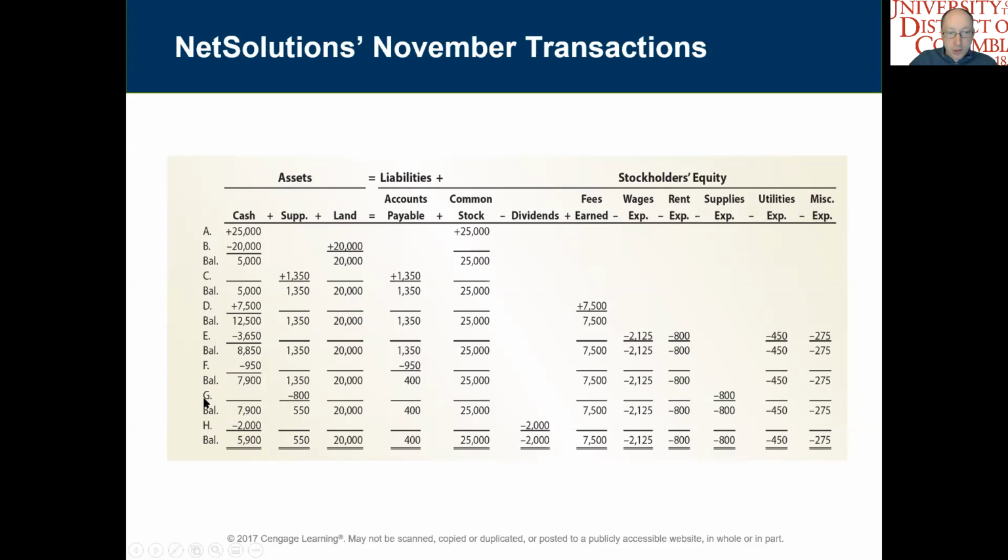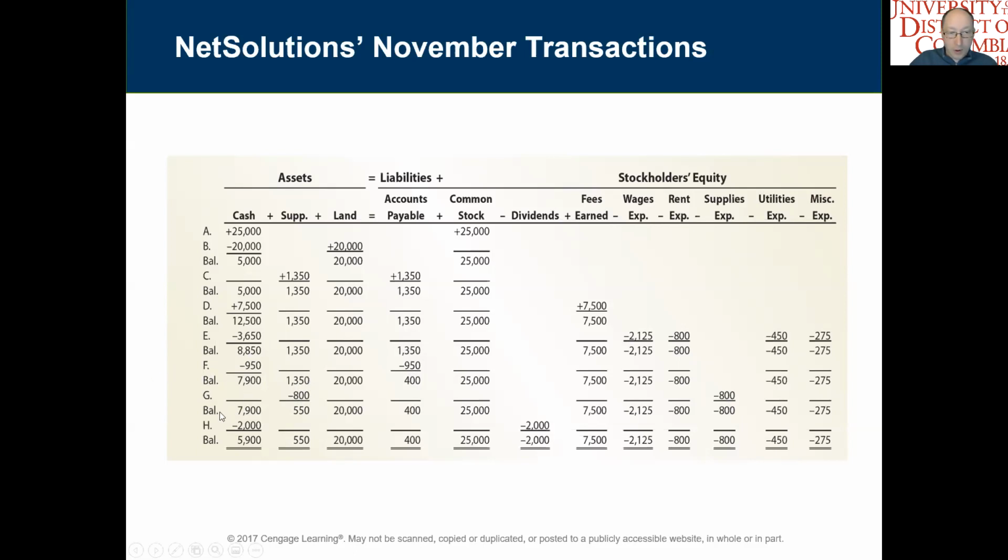In transaction G, we decreased our supplies or our inventory, which means we expensed it out because we probably sold it, by $800. And so therefore we recognized a supplies expense of $800 because we sold $800 of supplies that we bought for $800.